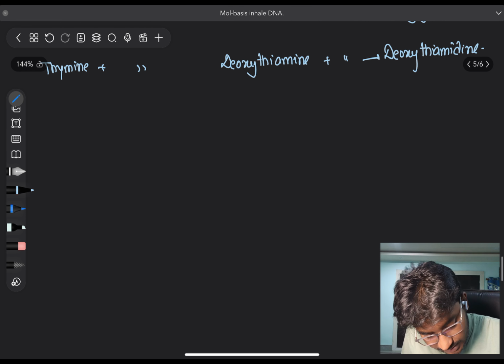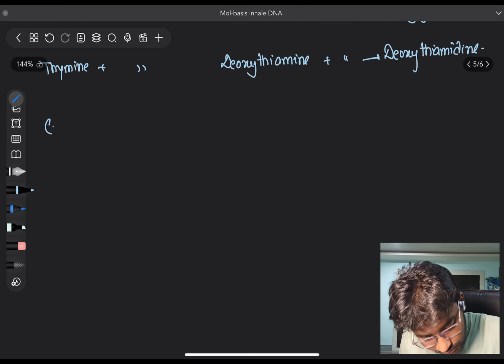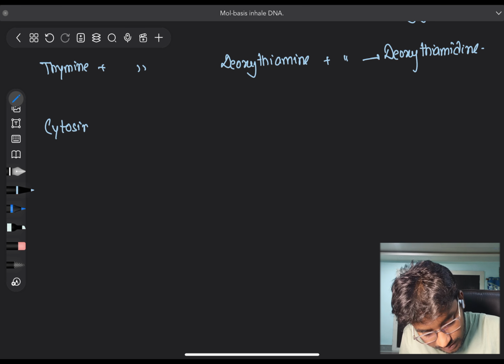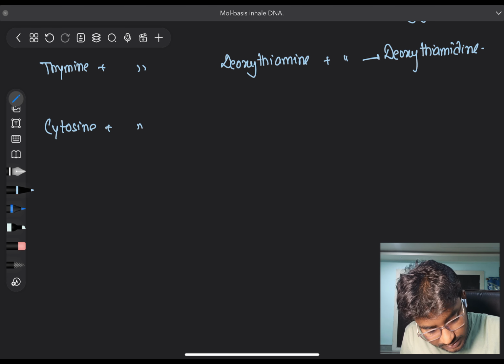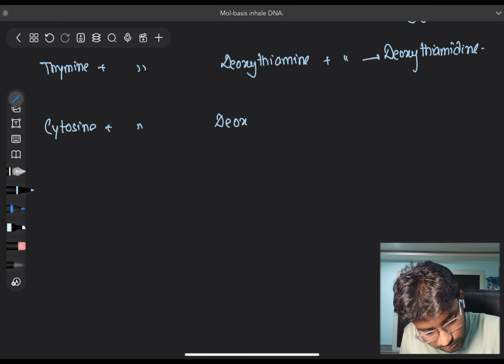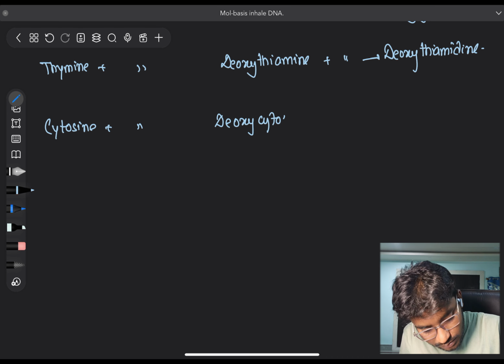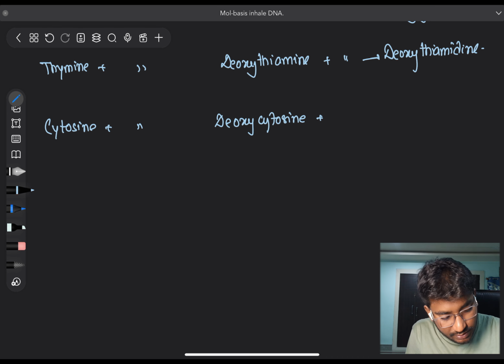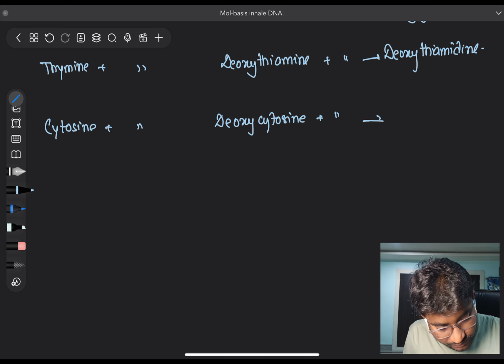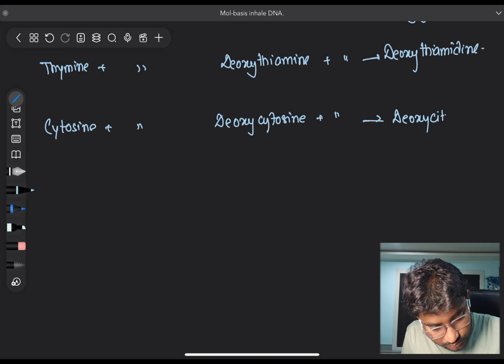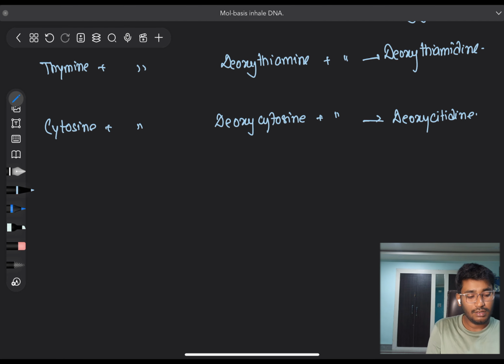And the last one is cytosine plus sugar, deoxycytidine, and when it binds with phosphate, it forms deoxycytidylic acid or CMP.